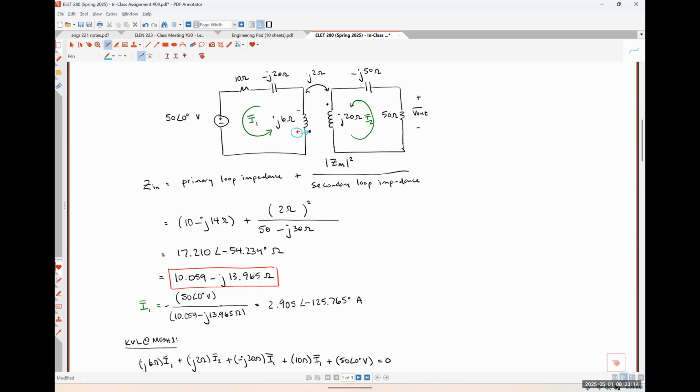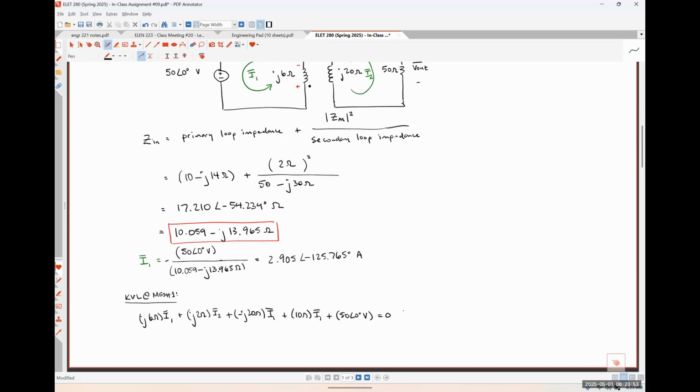Now we look to see if the current that is flowing through our secondary coil is flowing into the dot of the secondary coil or into the not dot. In this case, our current is flowing into the dot. So if we have positive polarity terminal at the dot and current flowing into the dot, we get plus signs. Any other questions?